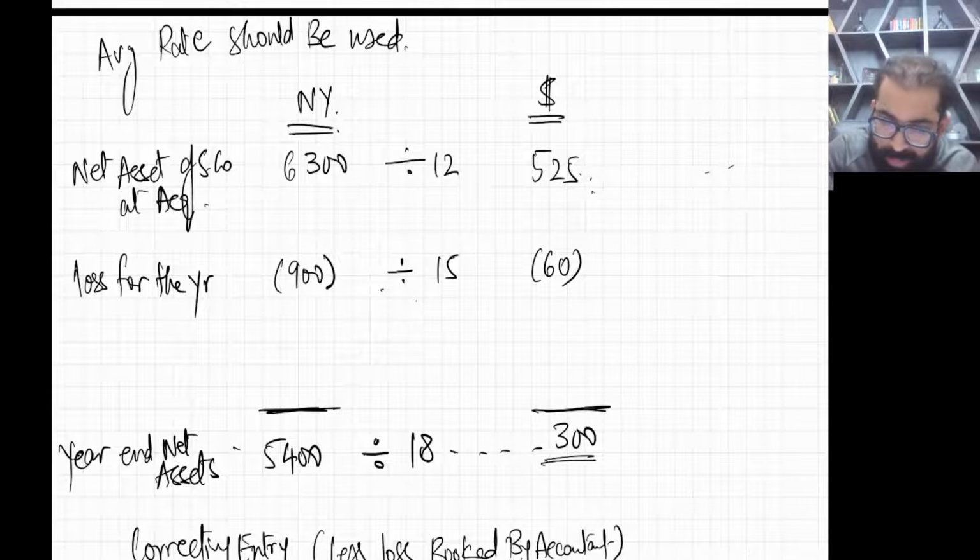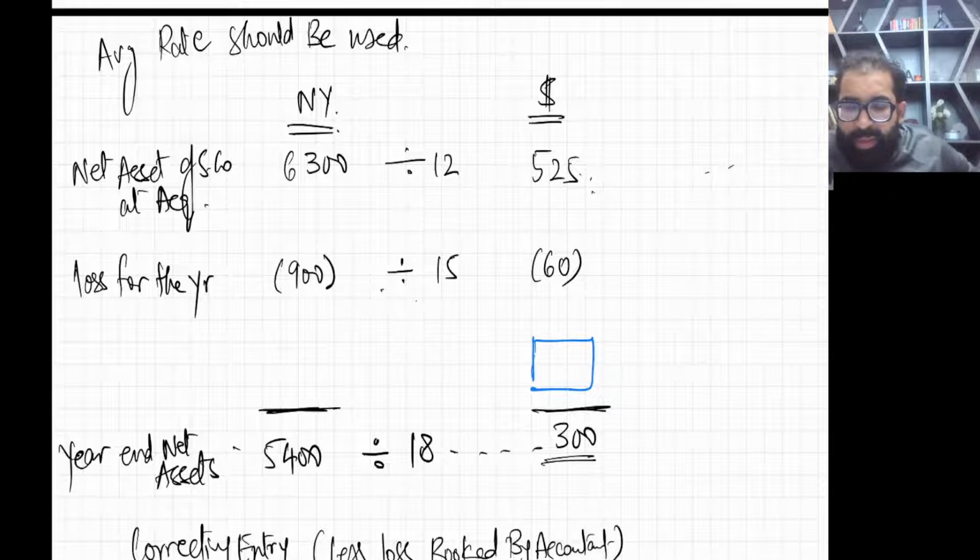Now use your common sense. 525 was the net asset in dollars at the beginning of the year. Then you have a 60 loss. 525 minus 60 is 465, so the year-end amount should be 465. But the year end is only 300.